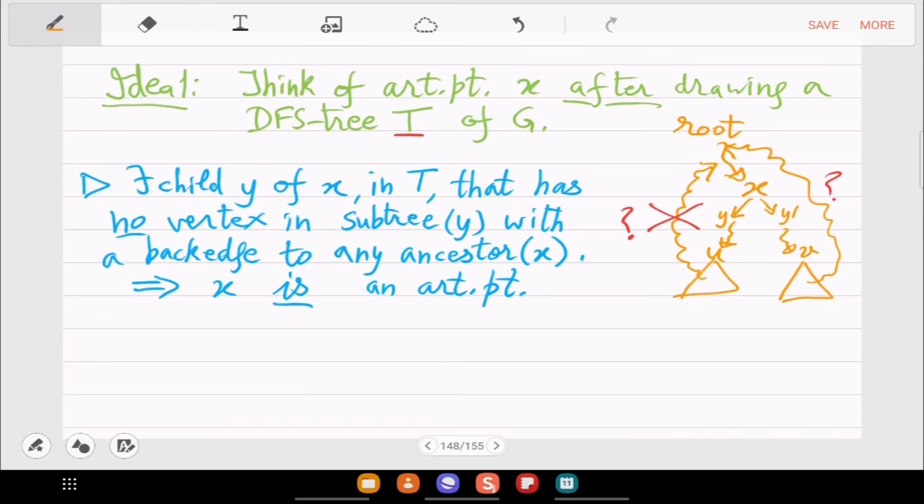Because even if you take that new path going above X, you cannot actually come down into the subtree of Y. Okay? So that is the idea here. And this is if and only if.